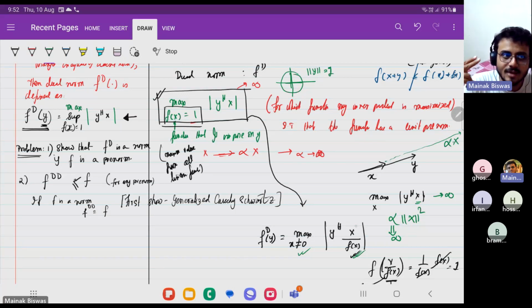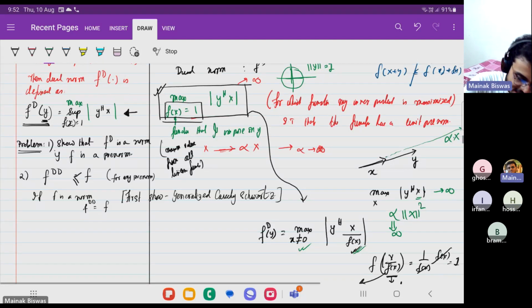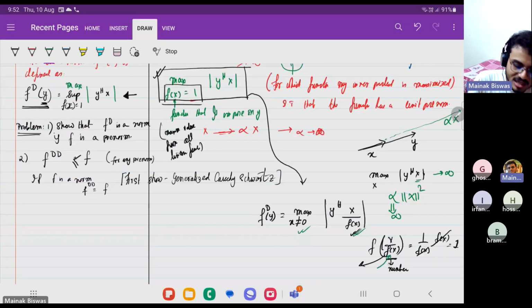If I divide a vector by its norm, it gives me the unit vector, right? So it's exactly that. It's an abstract unit vector that you're getting with respect to the f norm. F is a prenorm, and you're getting a unit vector with respect to the f norm. The length of this vector is 1.